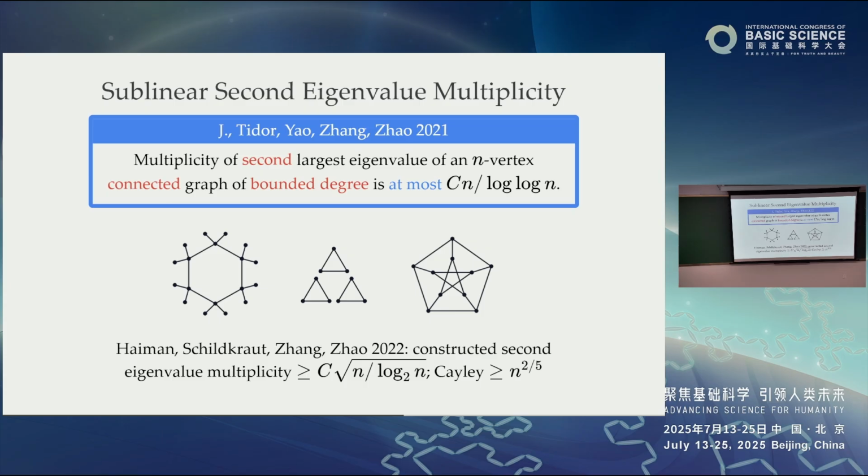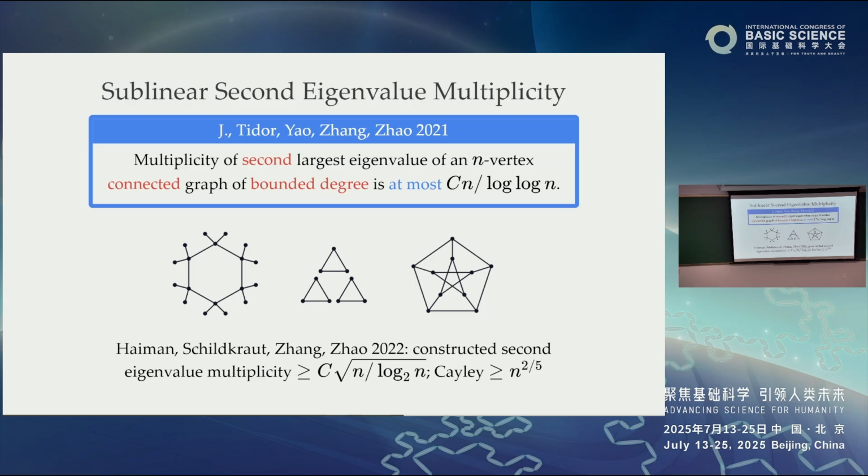Certainly, you may ask whether this is the right bound on the multiplicity. So Haiman et al. constructed some graphs where the second eigenvalue multiplicity is at least constant times root n over log n. So we don't quite know whether this n over log n is really the best you can do. And in the same work, they also try to construct a really symmetric graph, which is known as a Cayley graph.